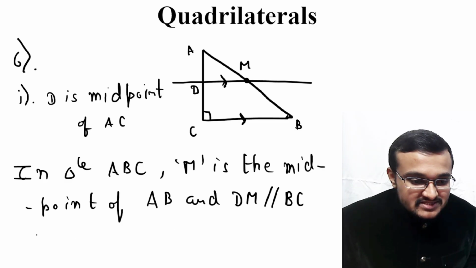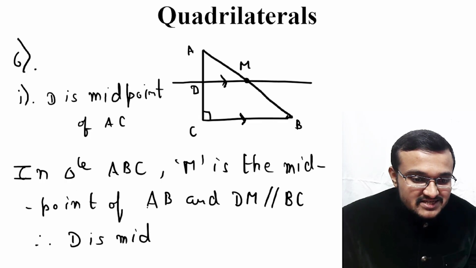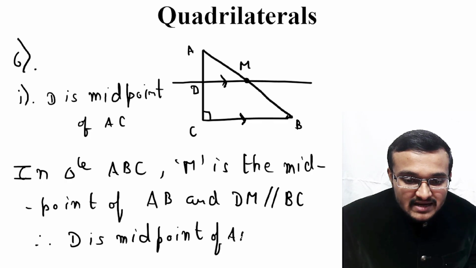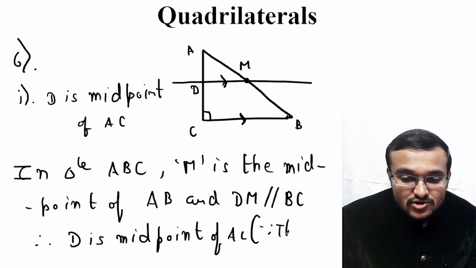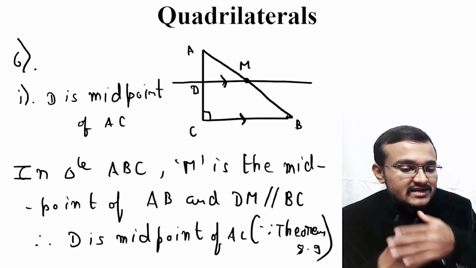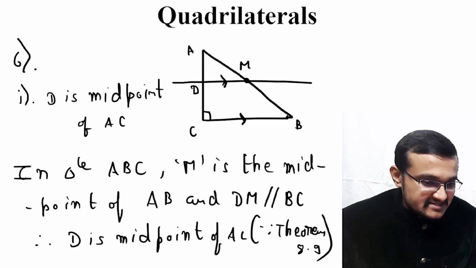Therefore, D is the midpoint of AC. You can just write this statement and conclude that D is the midpoint of AC, and as the reason you can write the converse of the midpoint theorem, or straight away say theorem 8.9. So according to theorem 8.9, D is the midpoint of AC.